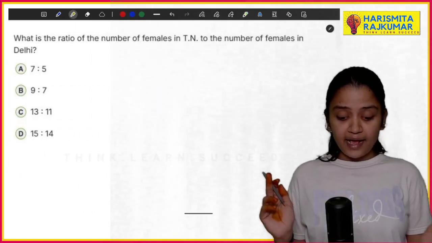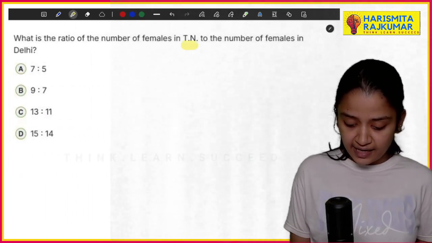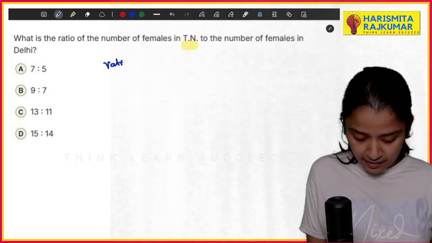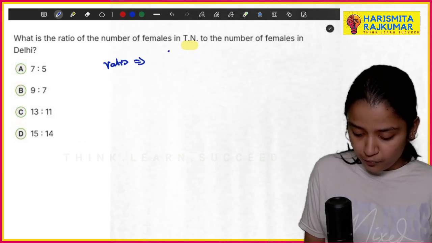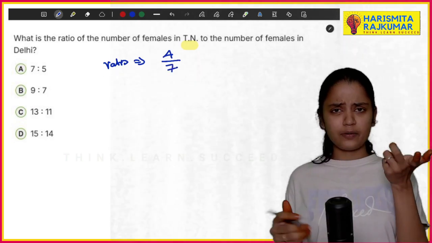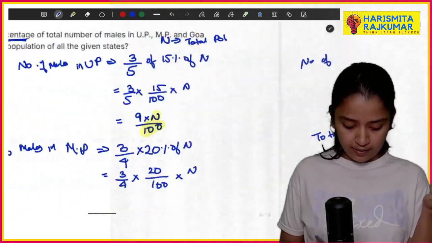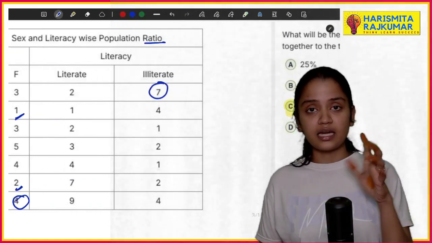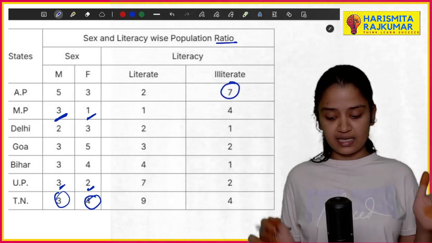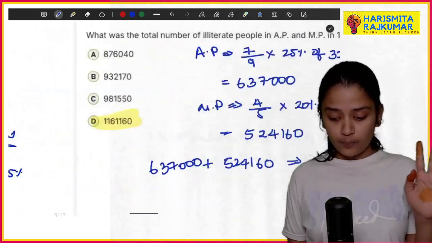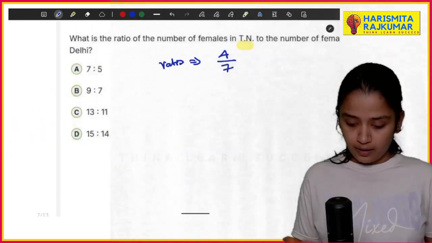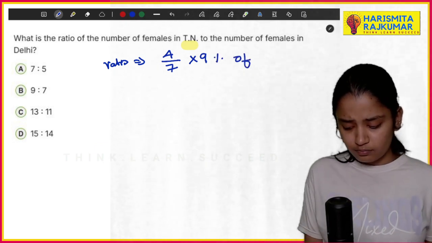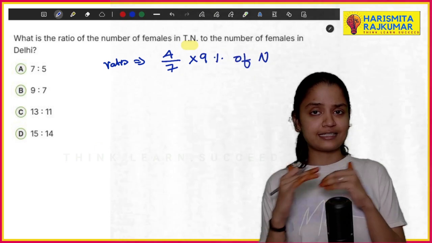Now, the ratio of number of females in TN to number of females in Delhi. The females in TN: the ratio is 3:4, so total is 7, and 4 parts are female, into 9% of N. Since they are asking for a ratio, N will anyway get cancelled.